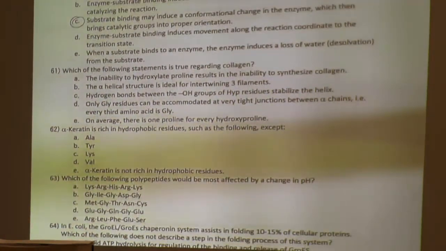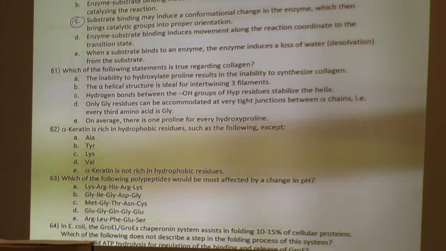Which of the following statements is true regarding collagen? We haven't looked at collagen in a long time, have we? I'm hearing some whispers of answers. What do you guys think? All right.